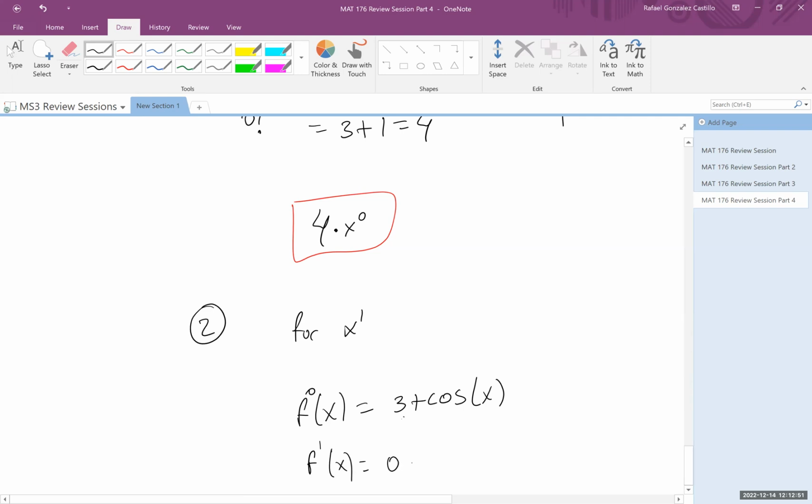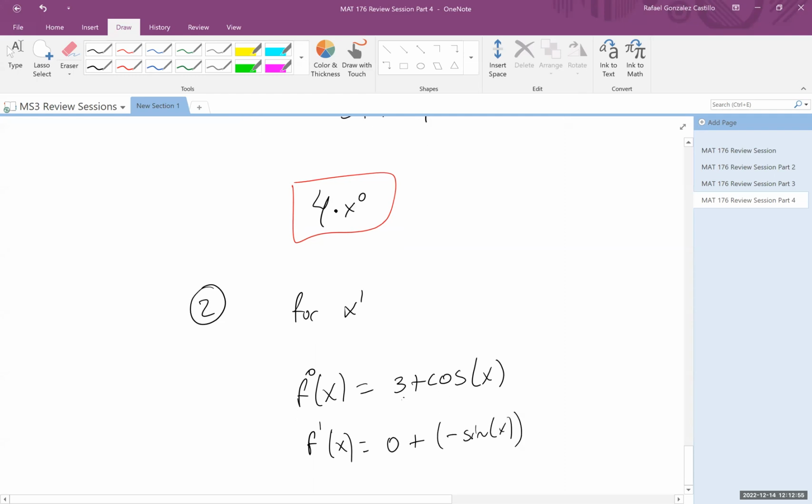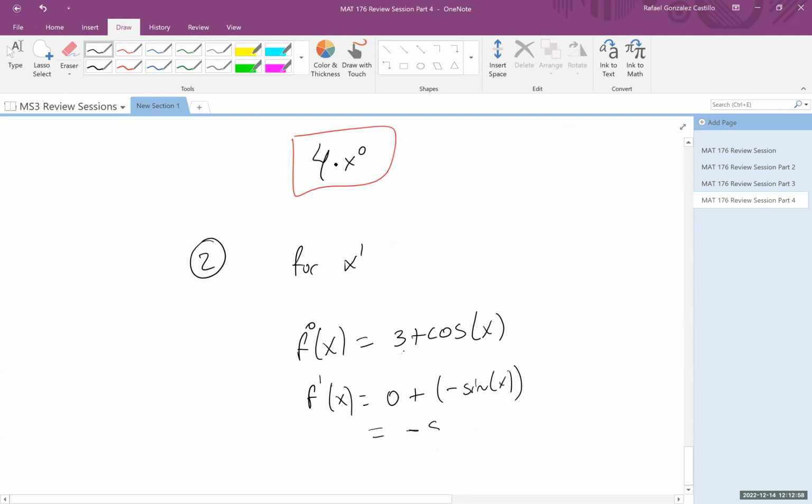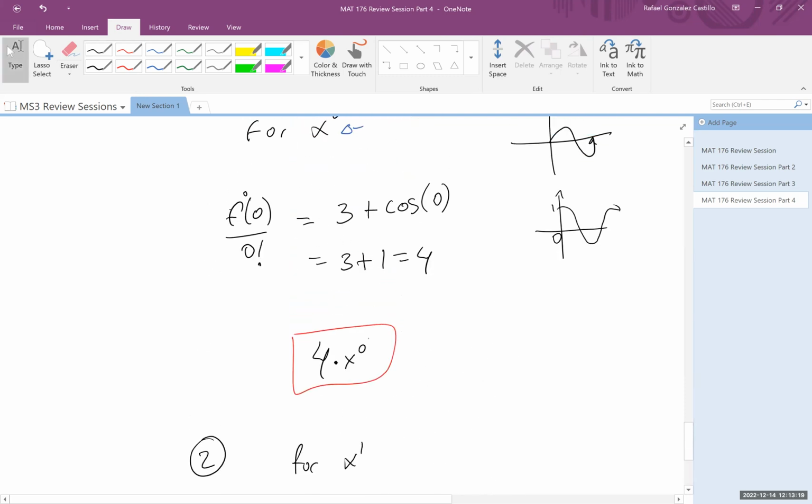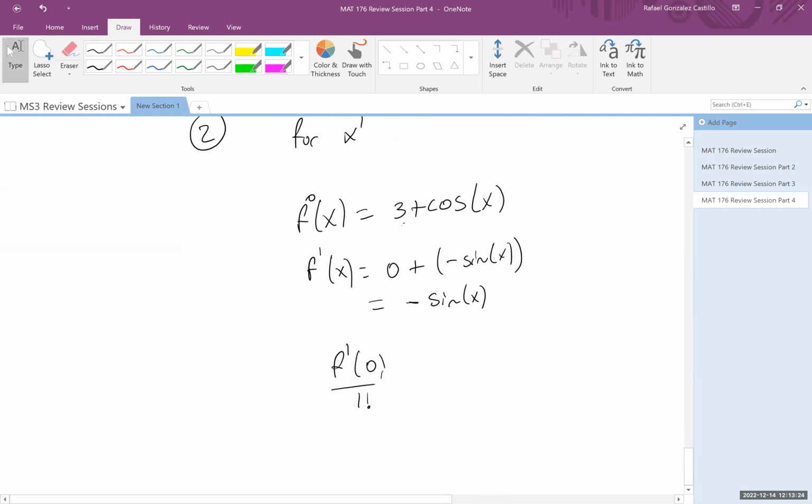The derivative of 3 is 0. The derivative of cosine is negative sine. So f prime of x is really just negative sine of x. And again, to find the coefficient of the Maclaurin series, I'm doing f of 1 of 0 divided by 1 factorial, because this is increasing with the degree. Here I didn't mention the 0 factorial because 0 factorial is just 1, and 1 factorial is just 1.